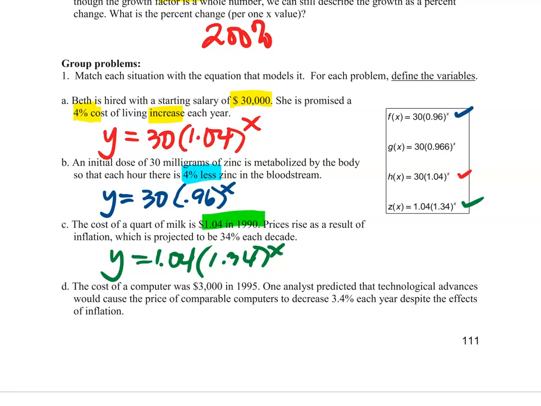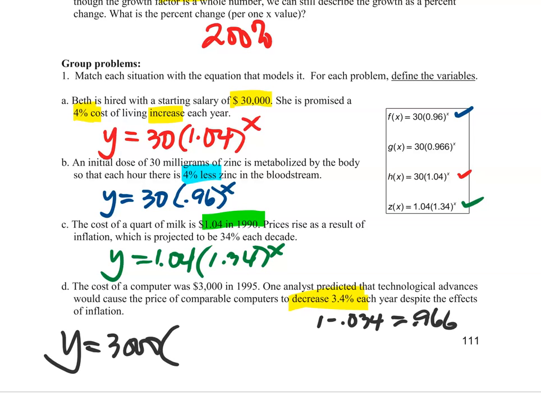One analyst predicted that technological advances would cause the price of comparable computers to decrease by 3.4%. So if you subtract this from 1, 1 minus 0.034 is equal to 0.966. So y is equal to 3,000 times 0.96 raised to x. So this one.